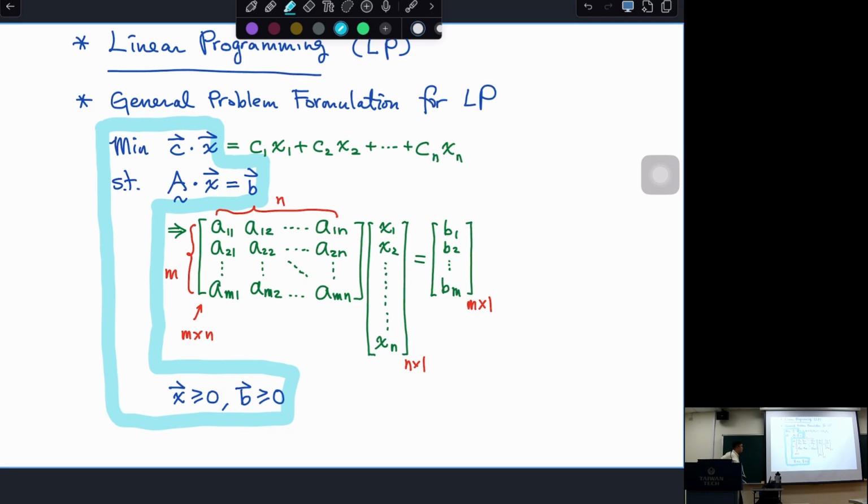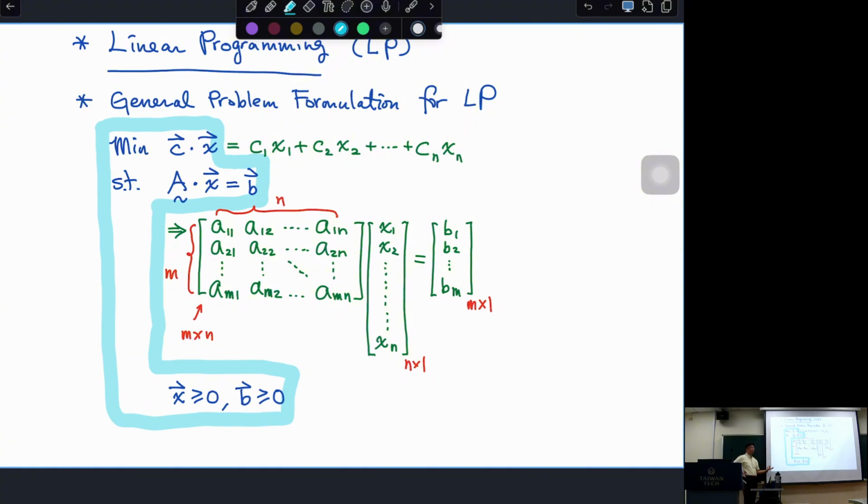Okay, so over here you can see x vector must be larger than or equals to 0. B vector must be larger than or equals to 0. These two are the only inequality constraints in the standard format. And the rest will be equality constraints.